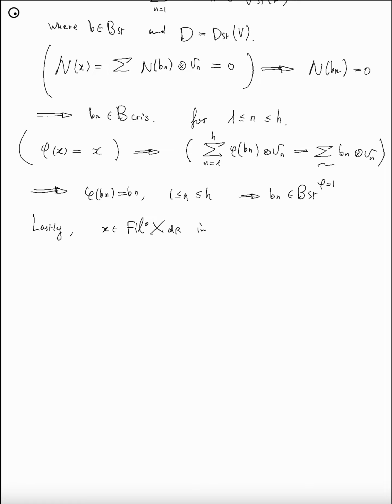This implies that this B_n lies in Fil^0 B_dR^+, again for any n bigger or equal than s, equal than h.